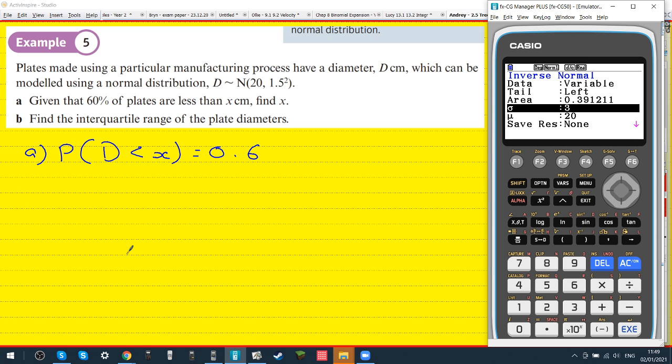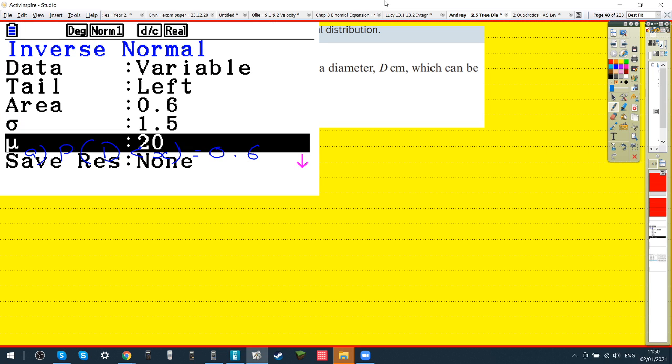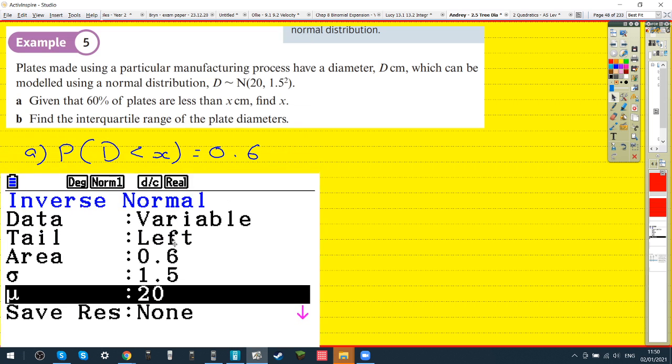So if I go to inverse normal distribution, and then put area 0.6, tail left, yeah, tail left, I think. And then standard deviation 1.5, mean 20. And should I just give what the inverse normal answer is, I guess? Yep. Which is 20.38. Great.